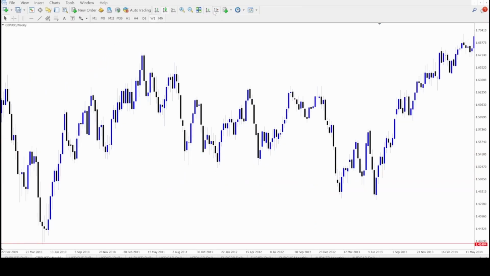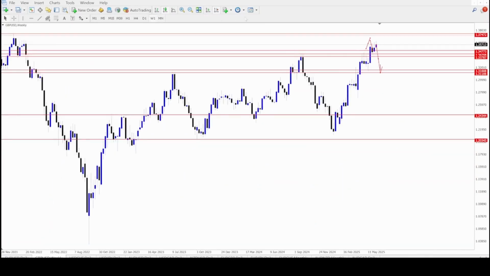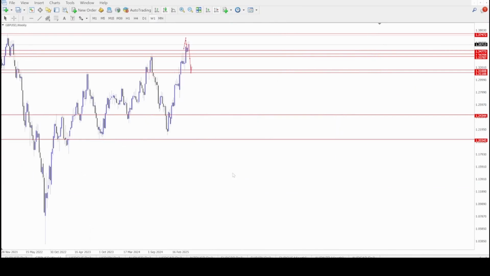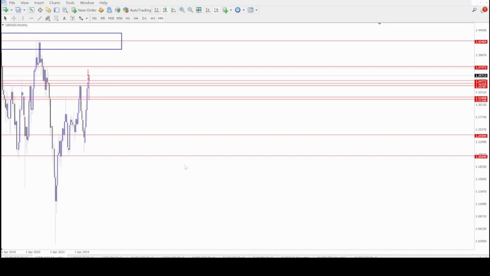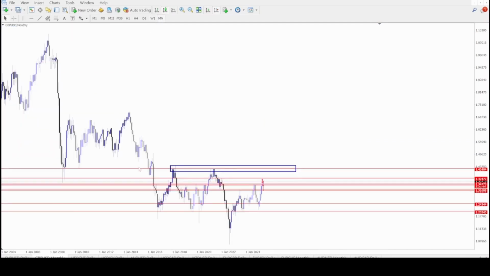So let's go down to the weekly time frame. Well, same idea. One of the reasons I have not decided which direction the market is going, or what the trend of the GBPUSD market is, is that I can see this drop down, these lower highs.